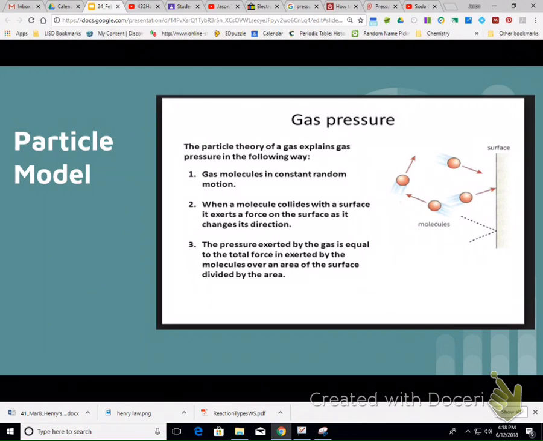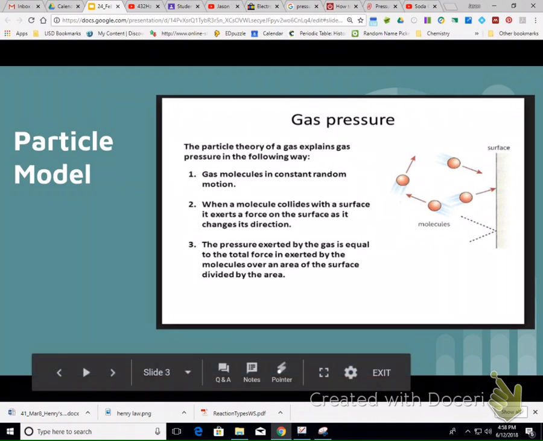But let's also acknowledge that when one of these speeding orange balls in the picture hits the surface of the wall or container, it's going to exert a force on it. And that force, divided by the surface area being hit, is what actually creates pressure.